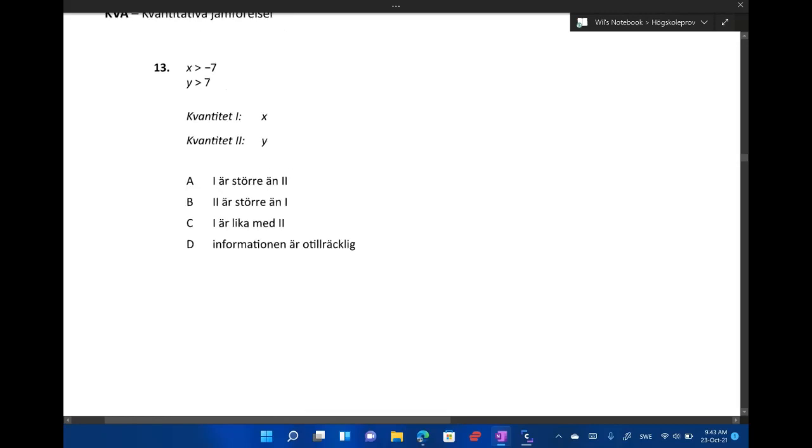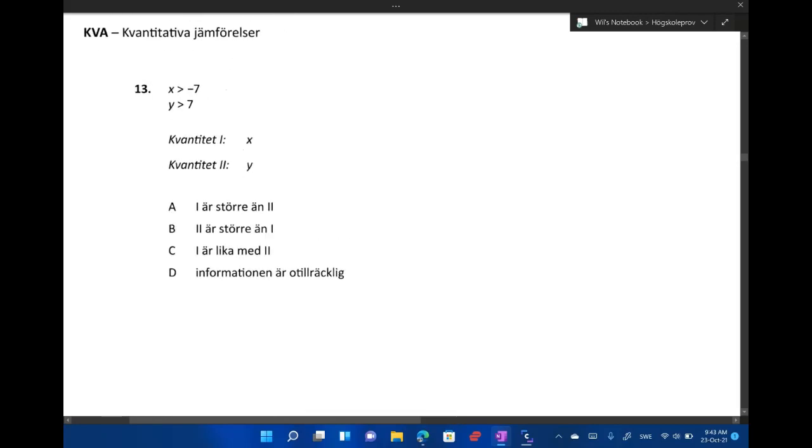Question 13 says X is, let's get my pen out, green. X is greater than negative 7. And this one says Y is greater than 7.